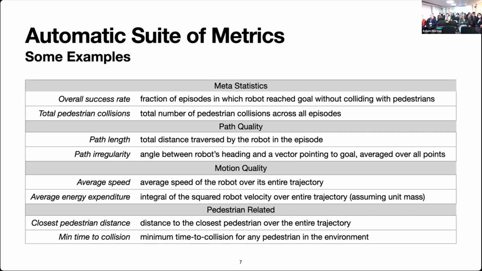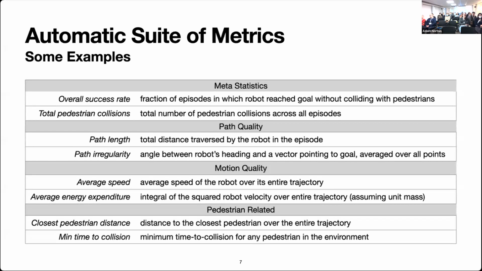How irregular was the path, so how often did it have to deviate from its direct heading? Then there's the quality of motion: average speed, average acceleration, average jerk, and energy expenditure, right? With the idea that we want to minimize how much energy, how much battery the robot is using.